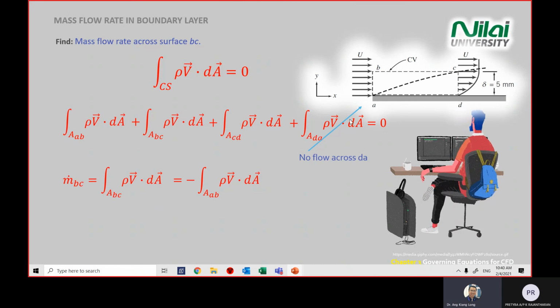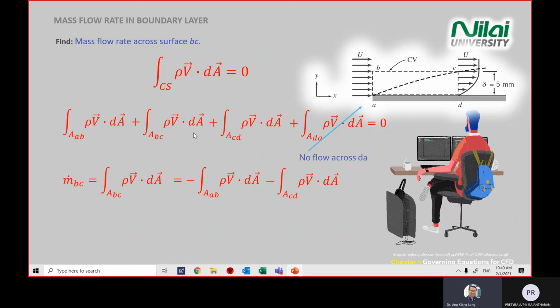So the mass across the BC here will be the integration of your rho times the velocity vector dot dA. BC will be negative because you move the equation to the right.